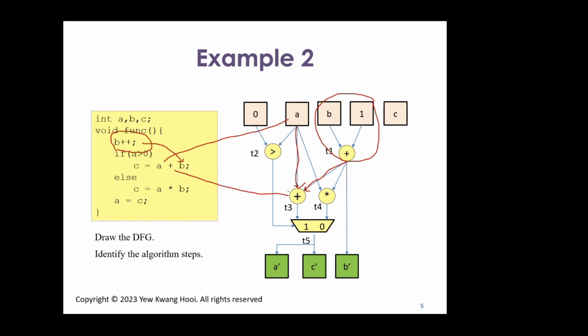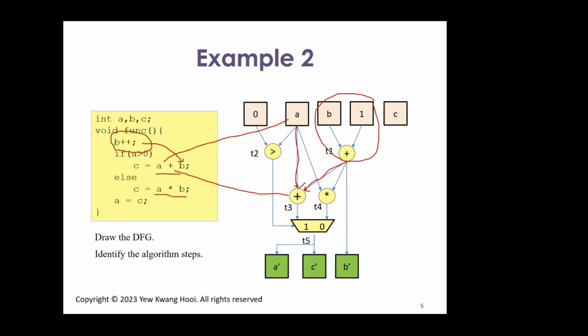Now this is inside the if block, right? So we put the arrow pointing towards the if block, because the outcome C is depending on whether it's true or false. If it is true, we will plus.